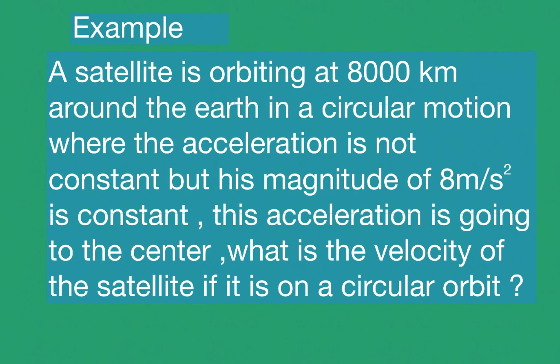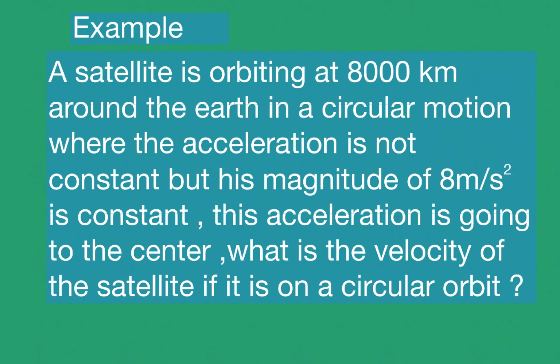Finally, we can imagine solving an example. Imagine that you have a satellite that is orbiting at a radius r from the Earth, 8,000 kilometers around the Earth, and the motion is a circular motion, and the satellite is performing a perfect circle around the Earth.